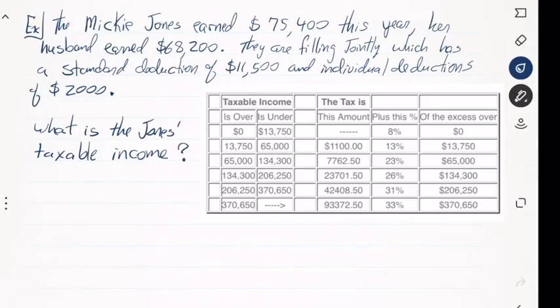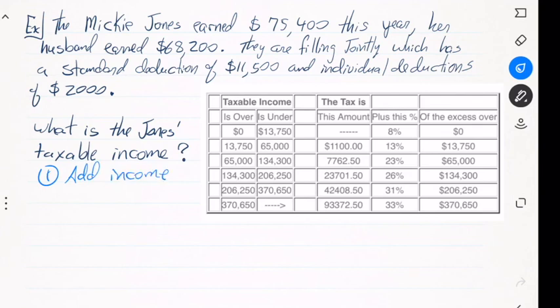So here I have the Jones family. Nikki Jones earned $75,400 this year, and her husband earned $68,200. They're filing jointly, which basically means they're married, which has a standard deduction of $11,500 and an individual deduction of $2,000. So the first question is, what is the Joneses' taxable income? So we can start using a tax table. So to find their taxable income, the first thing you have to do is add the income.